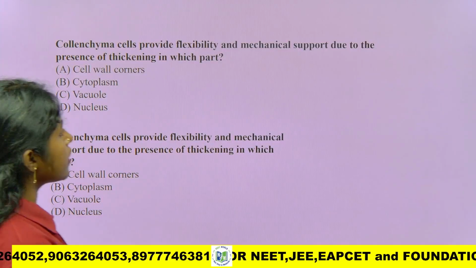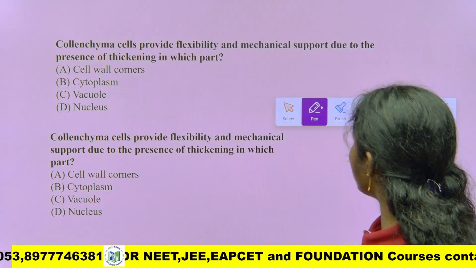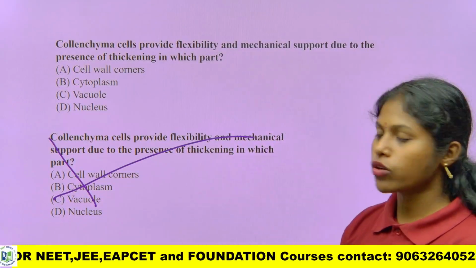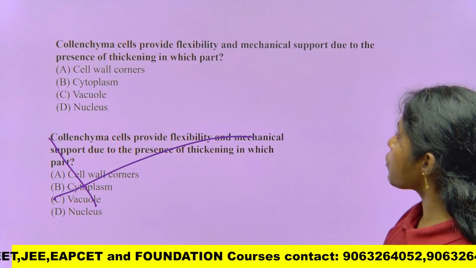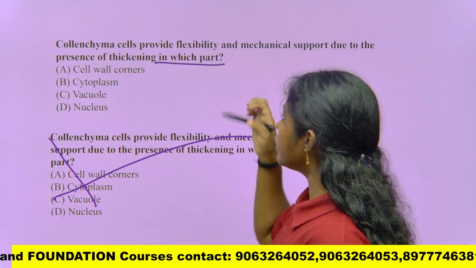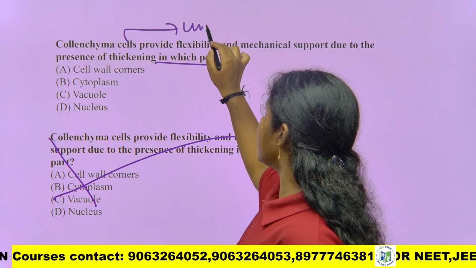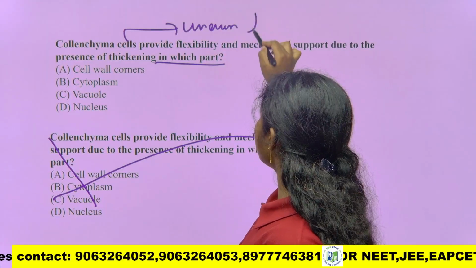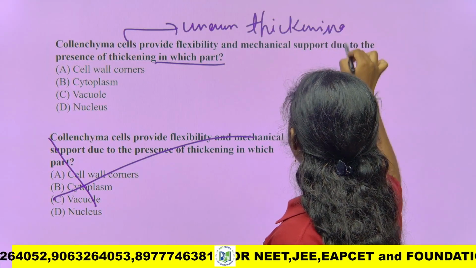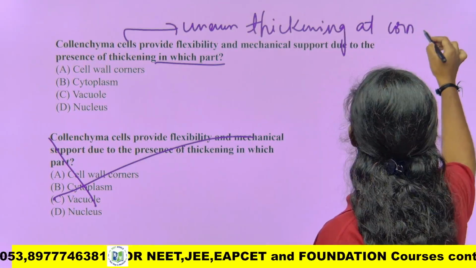See children, here they are asking, Collenchyma cells provide flexibility and mechanical support due to the presence of thickenings in which part? The Collenchyma has uneven thickenings at the corners of the cell wall, right?